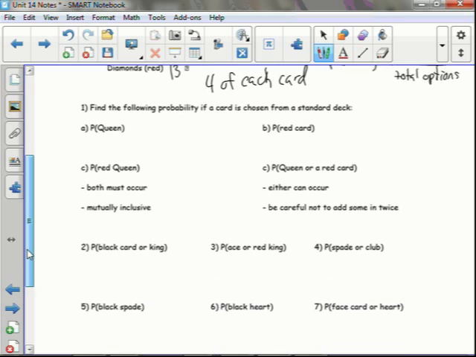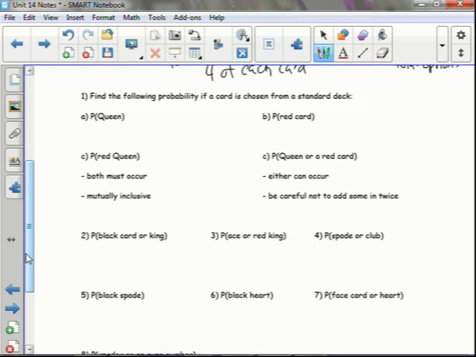So find the following probability if a card is chosen from a standard deck. The probability of a queen. Well, a queen is a specific type of card, and so there are 4 out of 52 cards. The probability of a red card, well, there are hearts plus diamonds divided by 52, so that would be 26 out of 52.